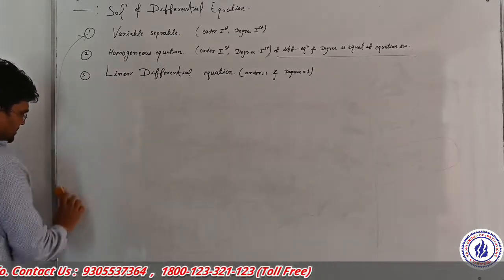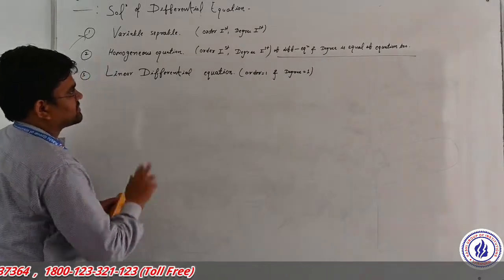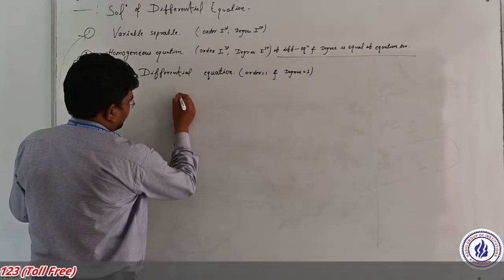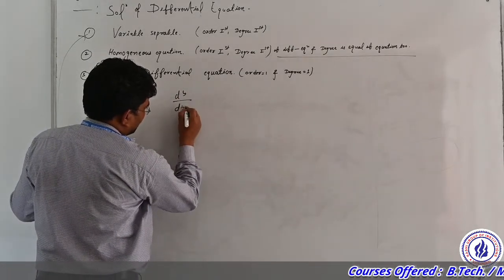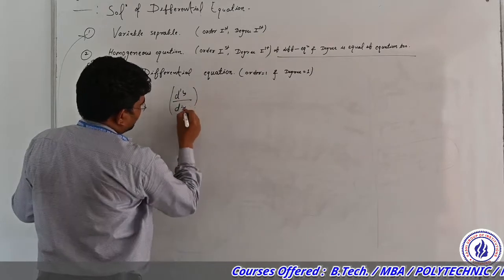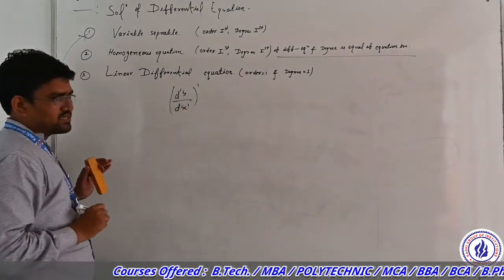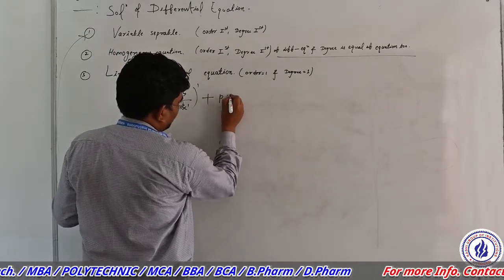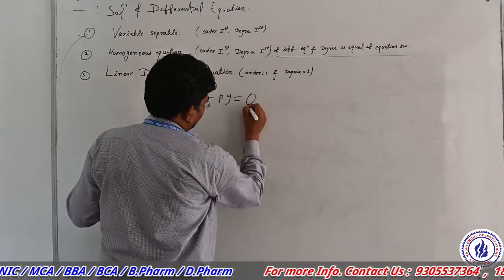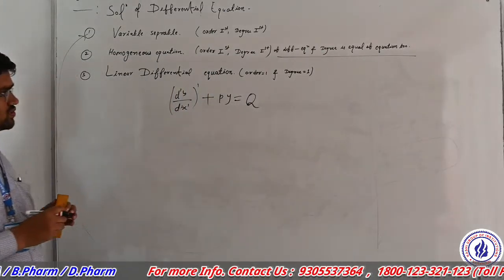Its structure will be dy upon dx, and all of you see that it has degree 1 and order 1, plus py equal to q.